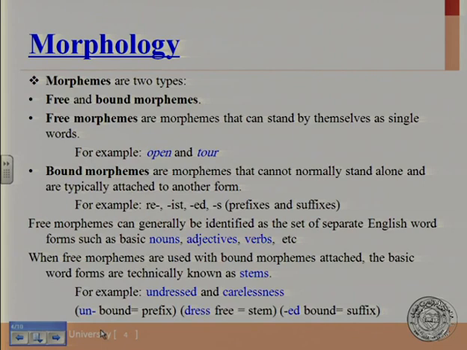Now, free morphemes can generally be identified as the set of separate English word forms, such as basic nouns, basic adjectives, verbs, and so on. When free morphemes are used with bound morphemes attached, the basic word forms are technically known as stems.